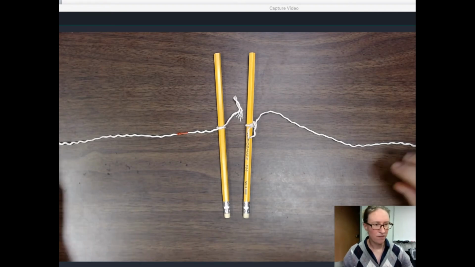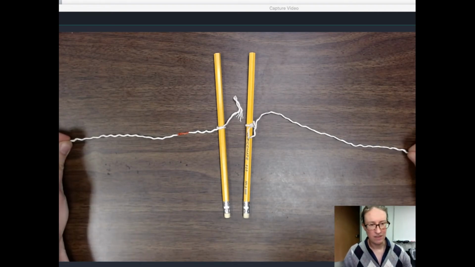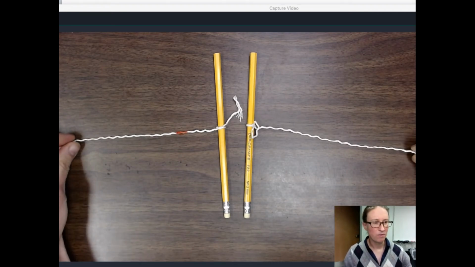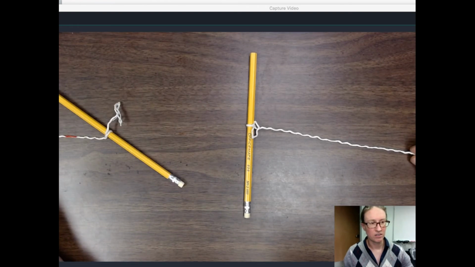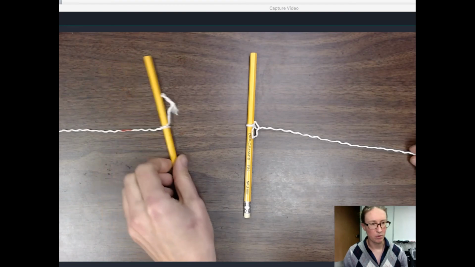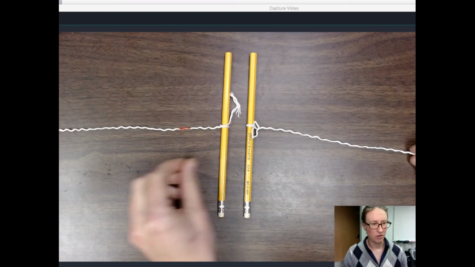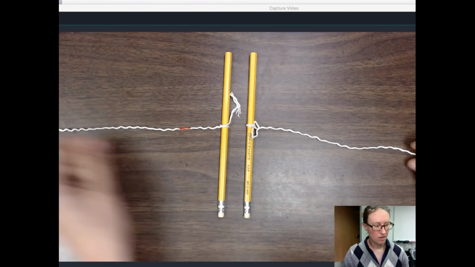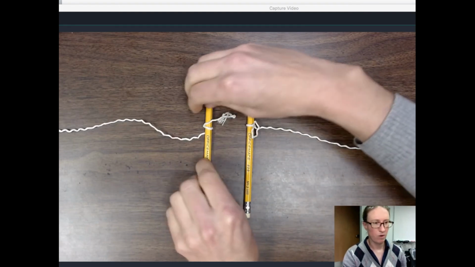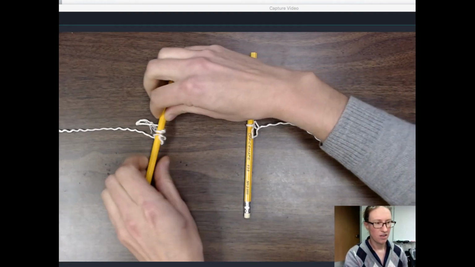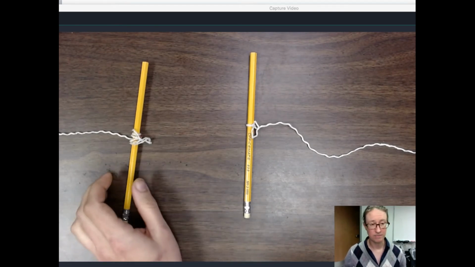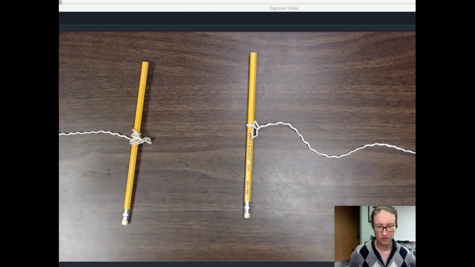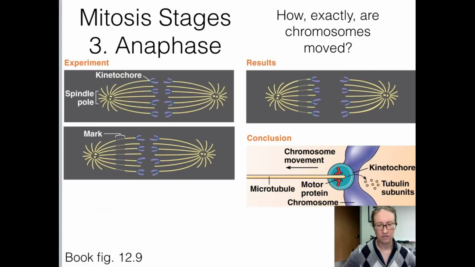If the movement of this chromosome is a result of this pulling action, we'll be able to see the label move along with the chromosome. But if this chromosome is moving by walking along, then we're going to see that label disappear at a certain point. So let's take a look at this.